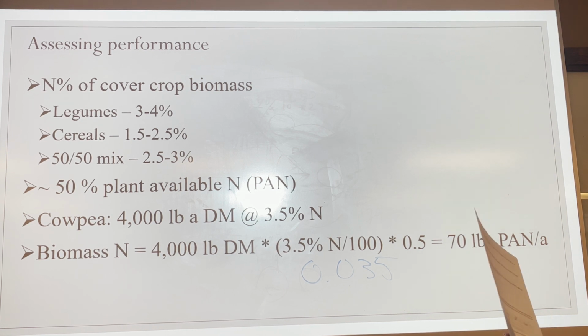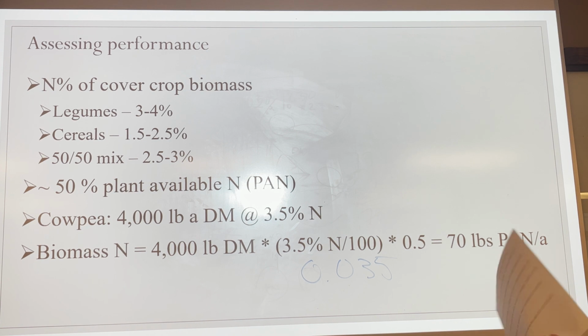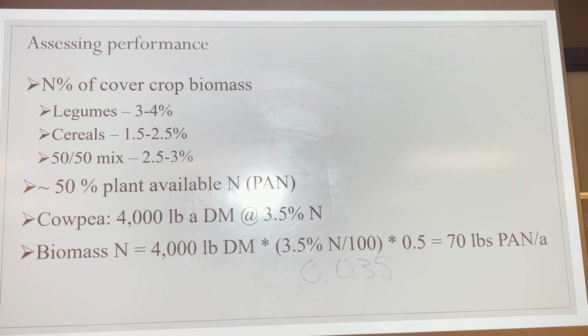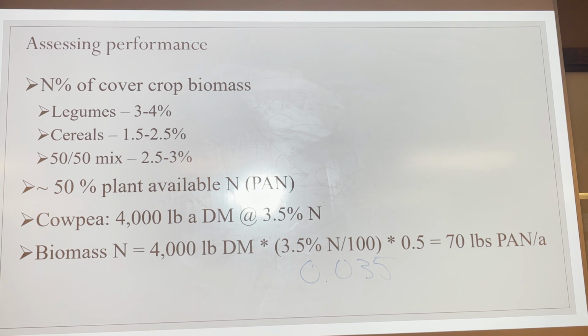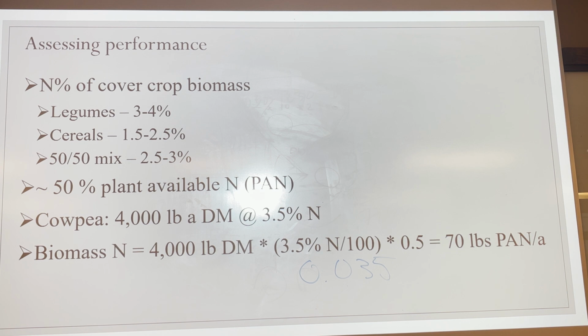Is this paper from lab? Somewhat. This is tying all of these concepts together. The goal here is to see that if I plant a cover crop, I can save money. That is the goal of this exercise. If I plant a cover crop, I can save money because I don't have to apply as much nitrogen.